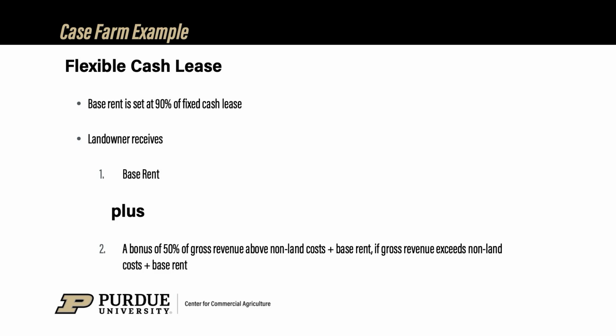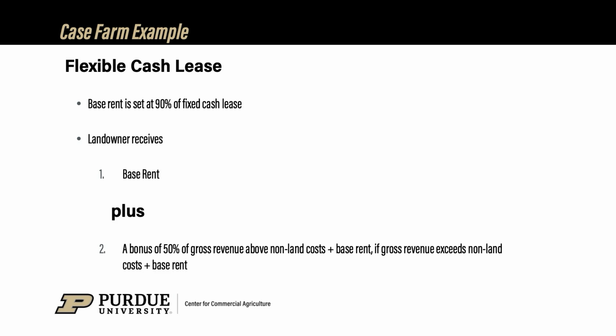How do you calculate the bonus if you change that base percentage? For this one, the one that makes sense and compares quite well in terms of long-run net return to crop share and fixed cash rent is to have a bonus based on gross revenue above non-land cost plus base rent. So let's call the non-land cost plus base rent a cost trigger.